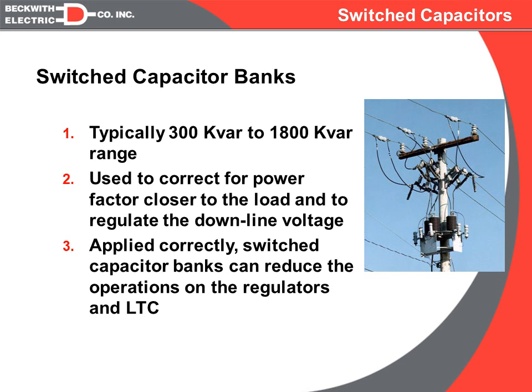We can use LTCs, and we can use bus regulators, feeder regulators, and line regulators, which allow us to vary the voltage in 0.75 volt increments and give us better resolution. Or we can apply capacitor banks, which don't give us the resolution but can help eliminate or minimize the amount of VAR current flowing through the distribution system, creating additional voltage drop.